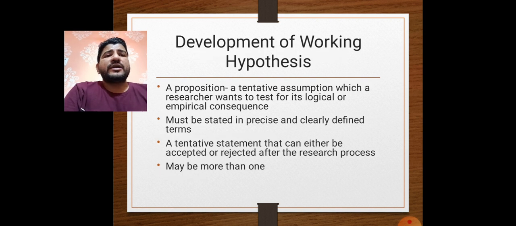Development of working hypothesis: a proposition, a tentative assumption which a researcher wants to test for its logical or empirical consequences. It must be stated in precise and clearly defined terms. A tentative statement that can either be accepted or rejected after the research process, and there may be more than one.